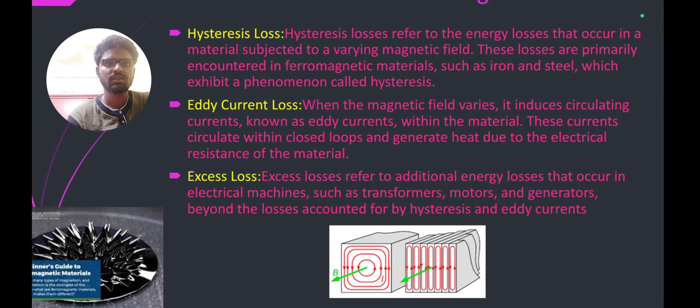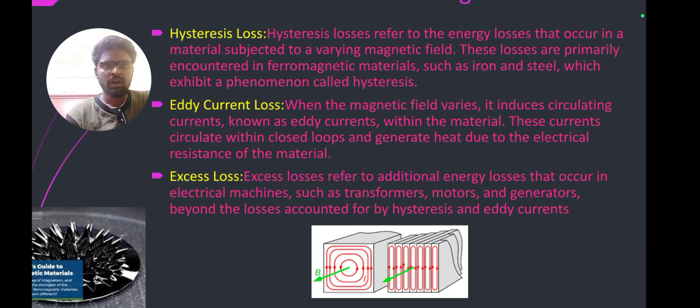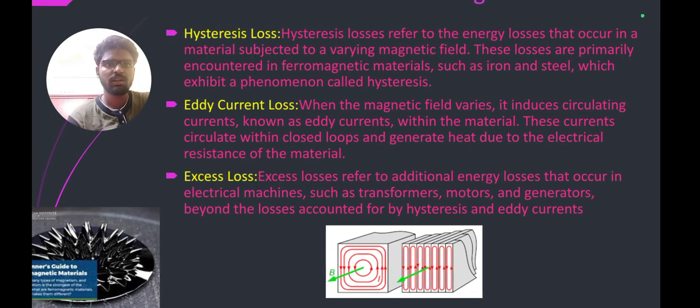Eddy current losses: when a magnetic field varies, it induces circulating currents known as eddy currents within materials. These currents circulate within closed loops and generate heat due to the electrical resistance of the material.